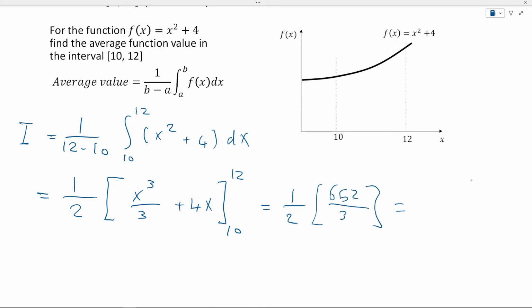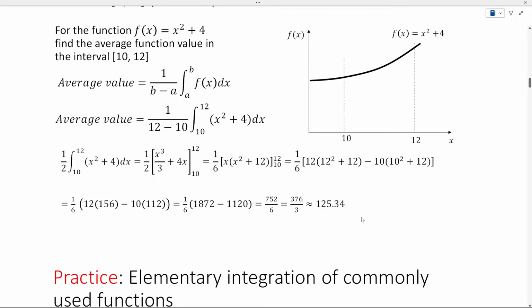So that would be 320, that's the 300, that's 26 over 3. So that's basically the answer that I got here.